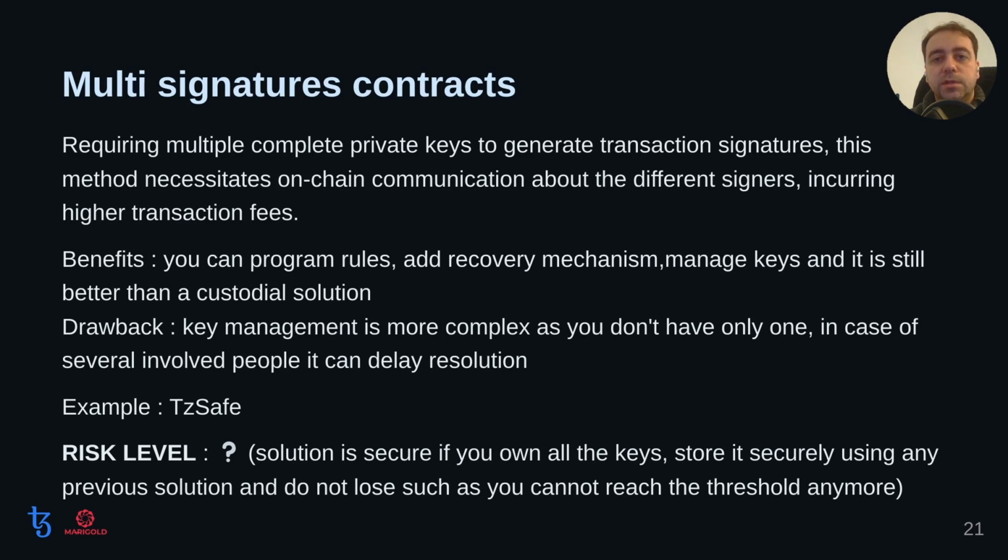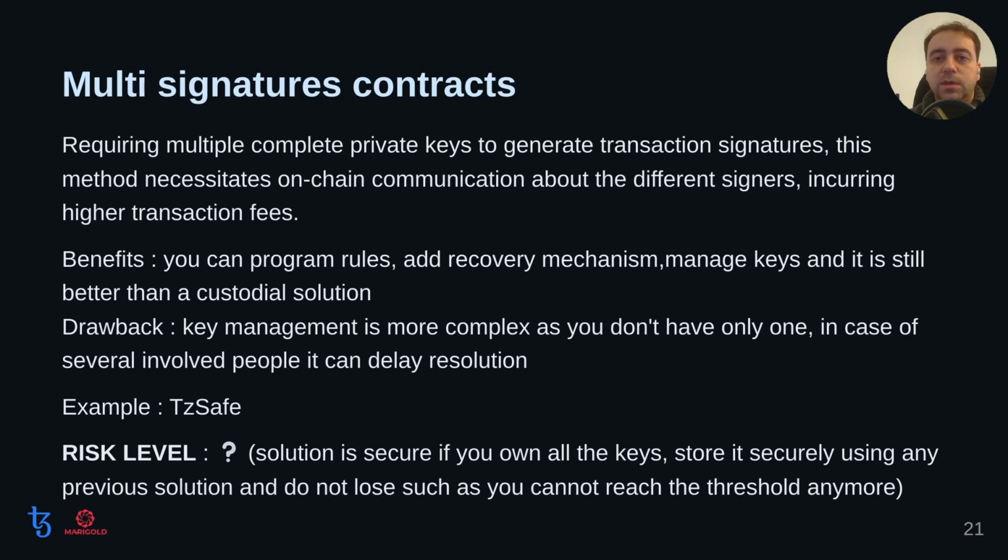About multi-signatures, the difference is that instead of having one private key, you have different private keys, like we saw before with SSS and MPC. But you choose who owns the keys. It could be only you, or it could be you plus one of your trusted friends.